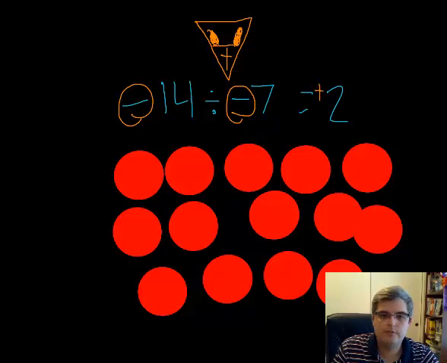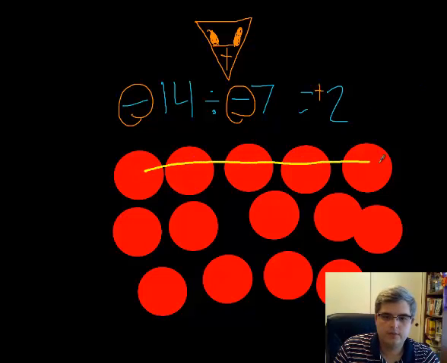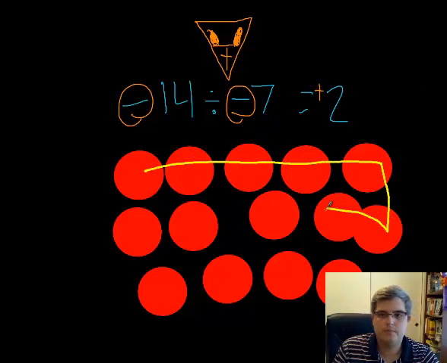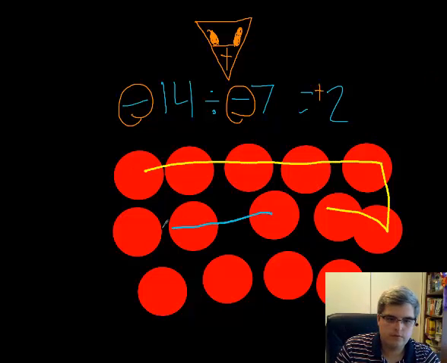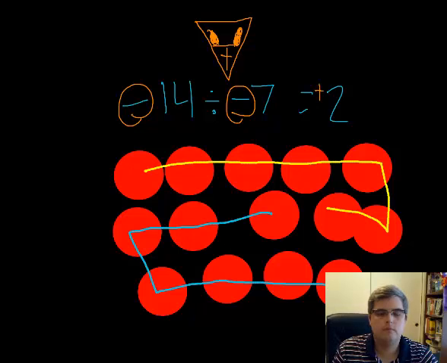And I'm trying to divide them into groups that are negative 7 in size. So 7 negatives in each group. That can be done. 1, 2, 3, 4, 5, 6, 7. There's a group. 1, 2, 3, 4, 5, 6, 7. How many groups are there? 2. The groups are 2.